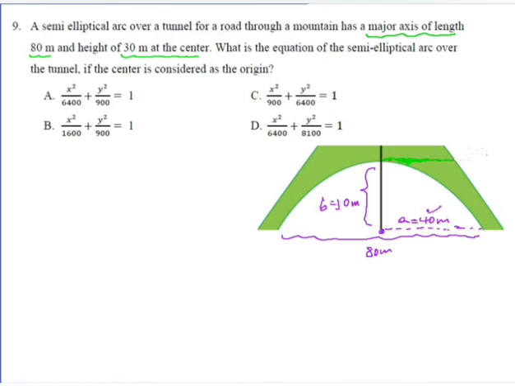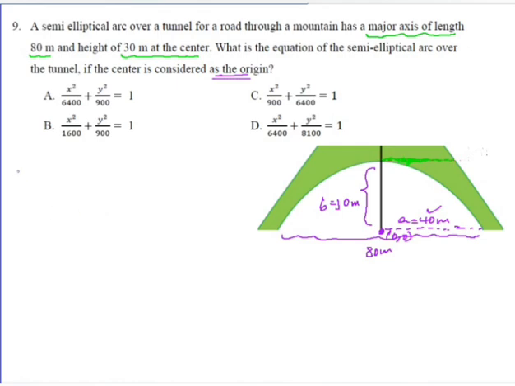And the point in which the semi-major axis and the semi-minor axis intersect is given as the origin. The two lines intersect at the origin here. So from this information, we are asked to give the equation of the ellipse.